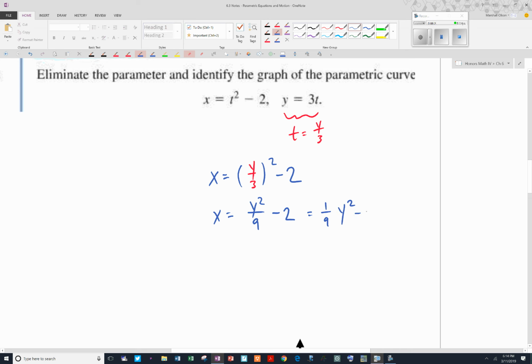What I'm going to do is get y squared by itself. So I'm going to add the 2 over and have 1/9 y squared equals x plus 2. So I added 2 over to the other side. And then I'm going to multiply both sides by 9 and have y squared equals 9 times x plus 2.